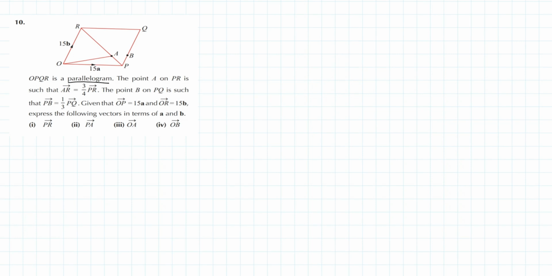AR is 3 upon 4 PR, meaning collectively it is PR, and AR is 3 upon 4 of it.